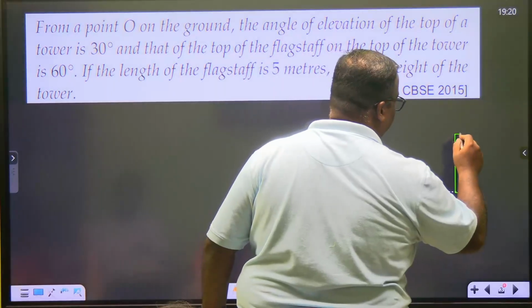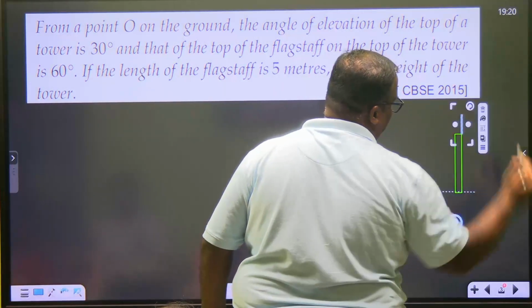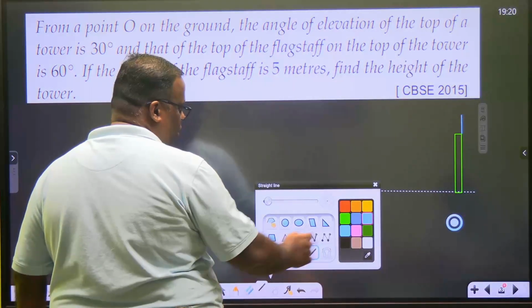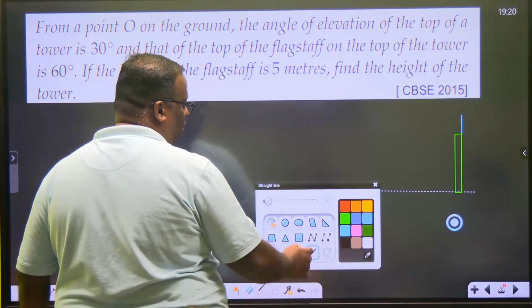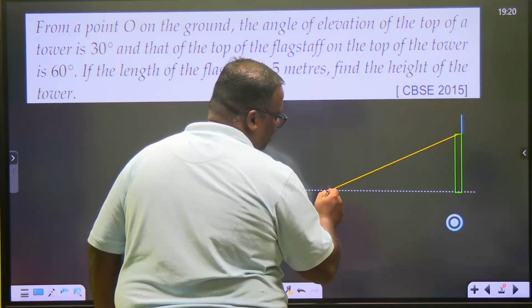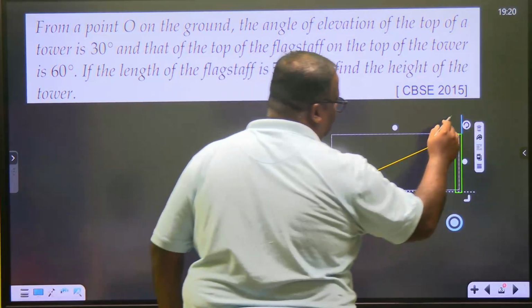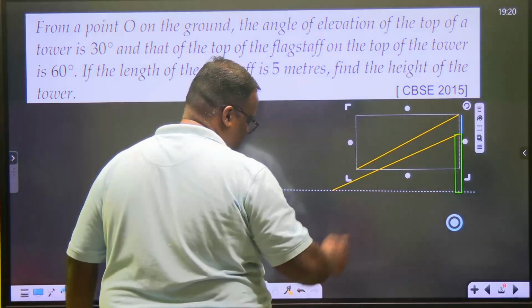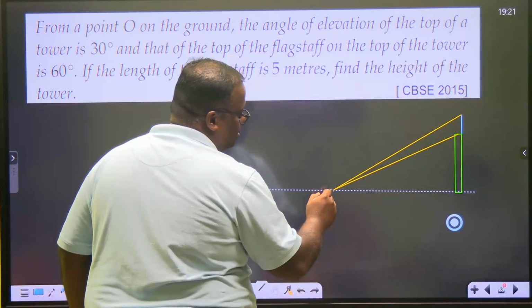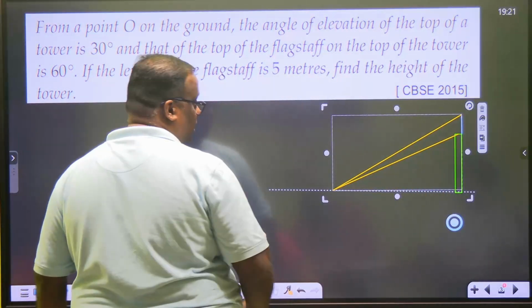Yes or no? So there is a flag mast also on this tower. Agreed. Then there is some point O. From that point O, you are having one angle for the tower and one angle for the flag mast, something like this. Agreed? Yes.